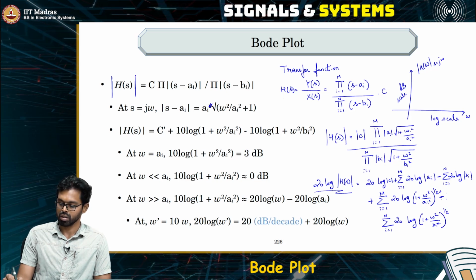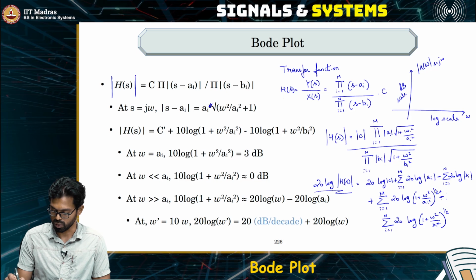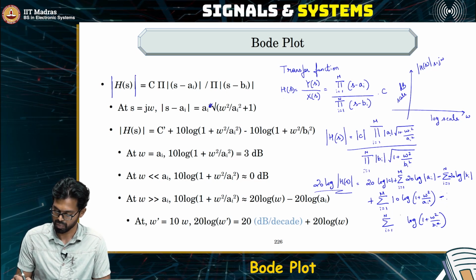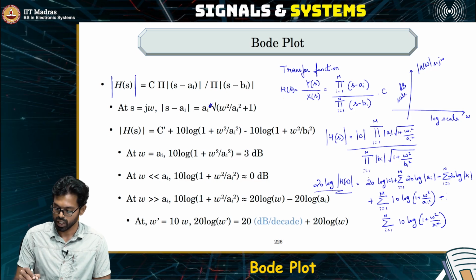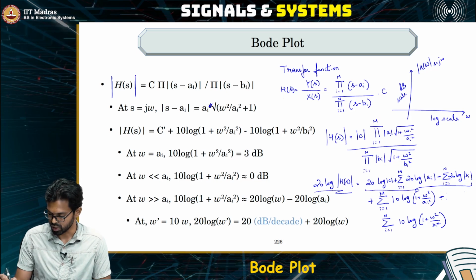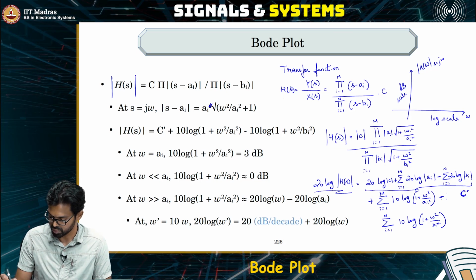Now we can bring this power half to the front and cancel it out with 20, and we'll get just 10 here. Now this entire thing is a constant, so let us call that constant some c dash.